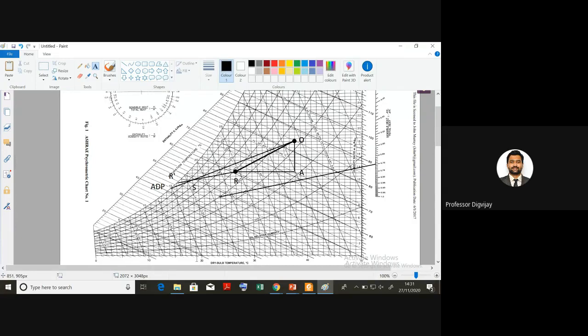And the wet bulb temperature is between 17 and 18, so that will be 17.5.